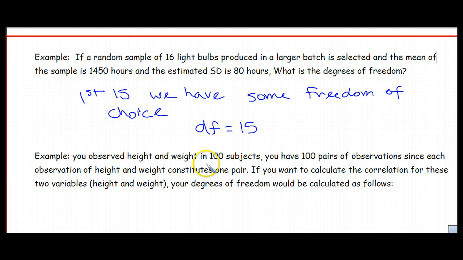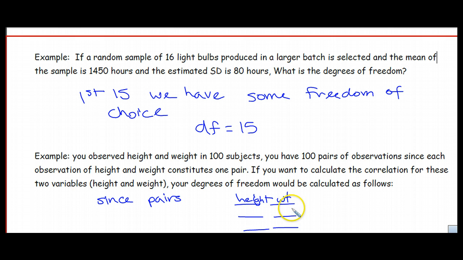You observe height and weight in 100 subjects. You have 100 pairs of observations since each observation of height and weight constitutes a pair. If you want to calculate the correlation for these two variables, your degrees of freedom would be, now this time is a little different since it's pairs. When I make my first choice, it's height and weight. And then I make my second choice and my third choice.